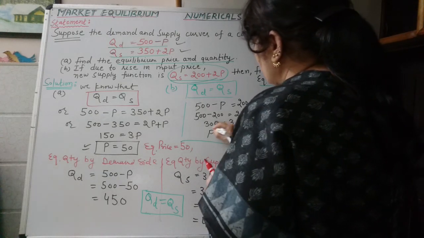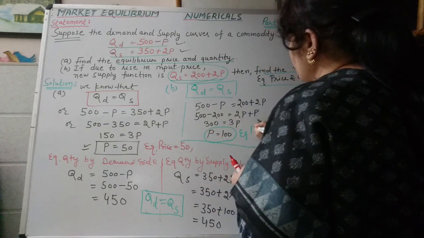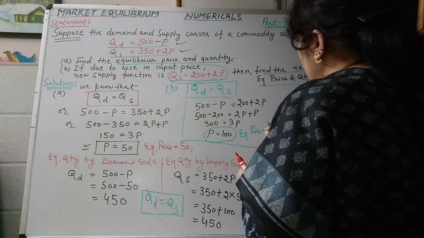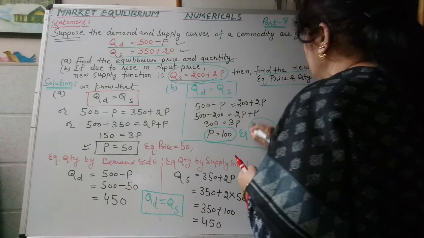This P equals 100 is the equilibrium price, which is 100.